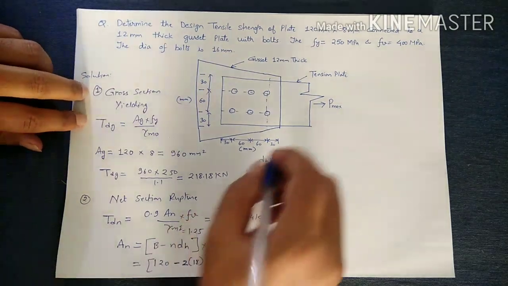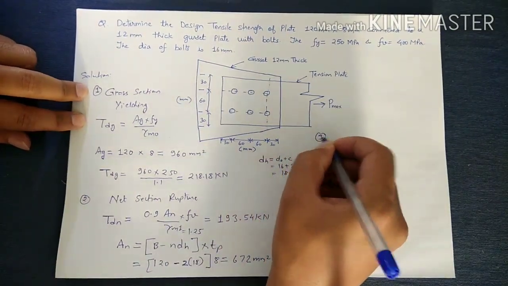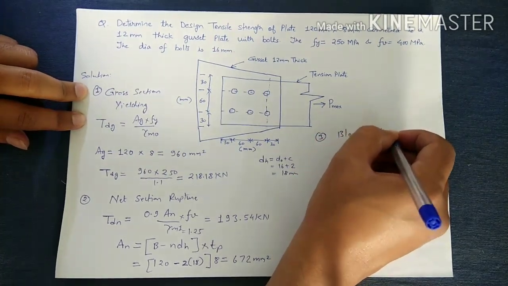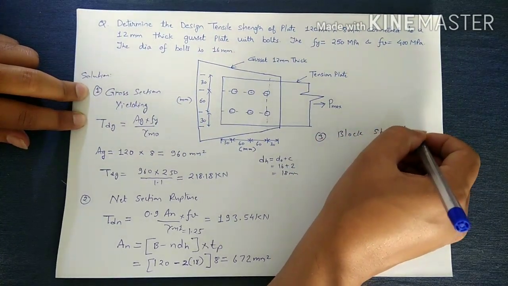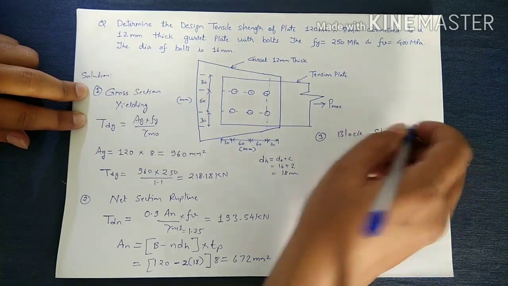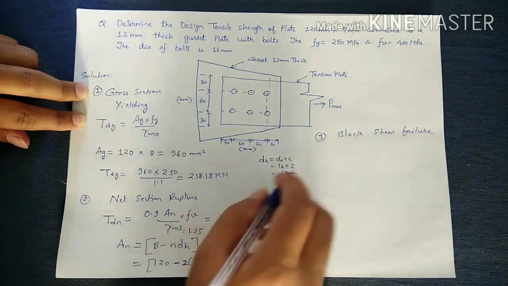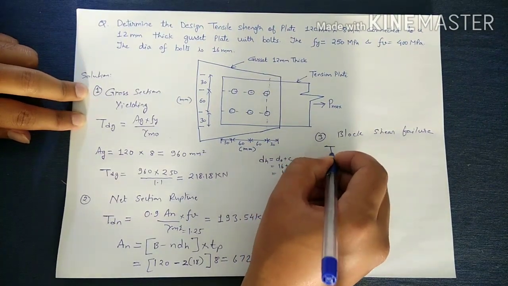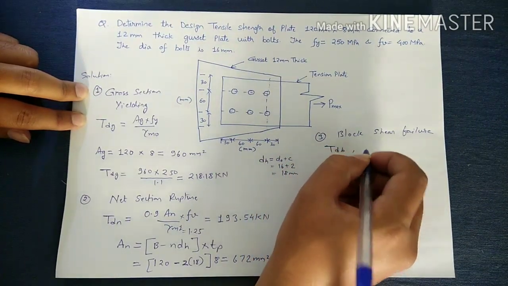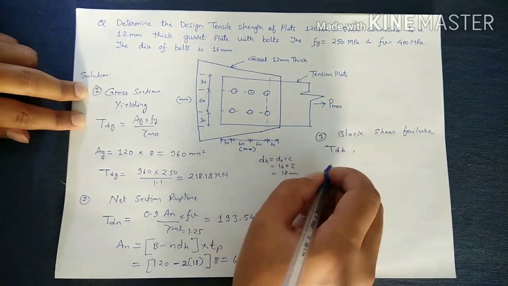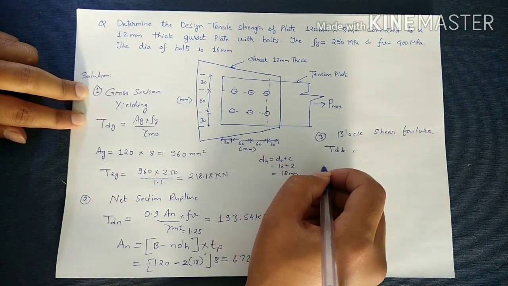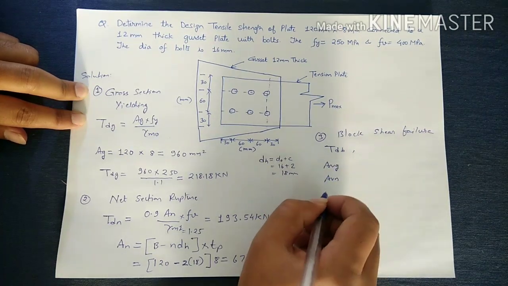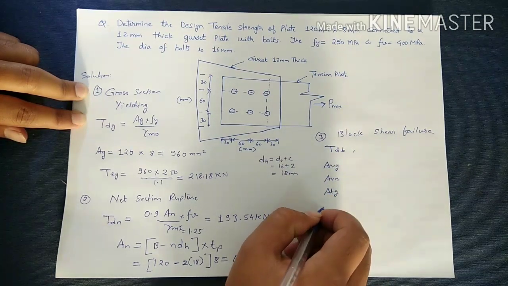Now the third parameter, that is your block shear failure. To find TDB, we must first find the various areas, that is your AVG, AVN, ATG.